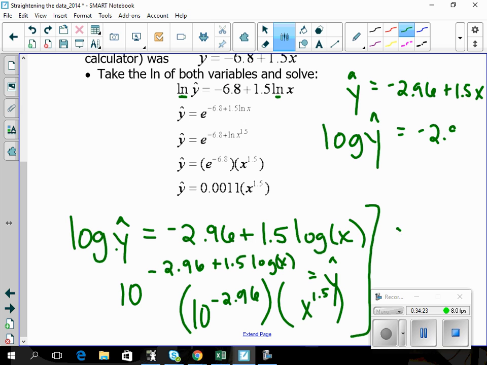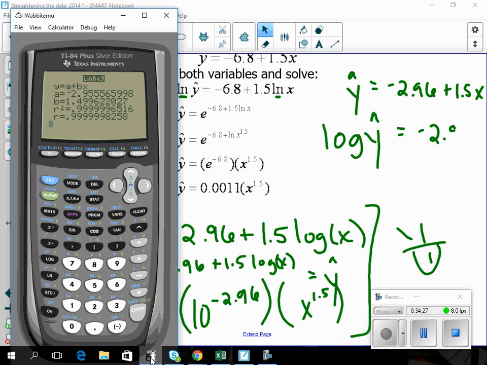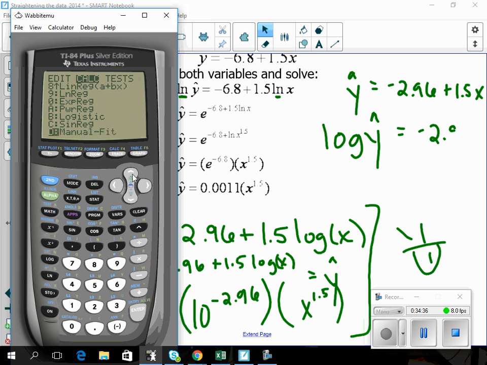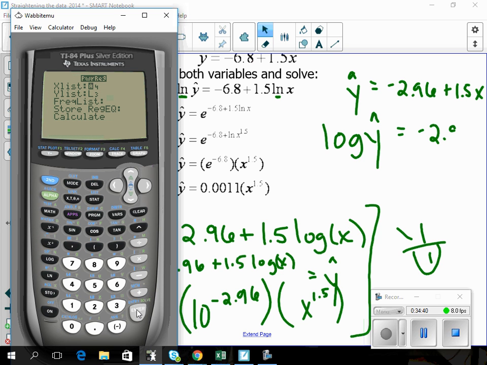This is what I call a Baggio. Let me tell you why. Because we have a calculator. And what does the calculator tell you to do? If I have a data set, can I just go to stat calc? I already know it's a power regression, would you agree? And we're going to do the power regression on list 1 and list 2. I want us to calculate it.